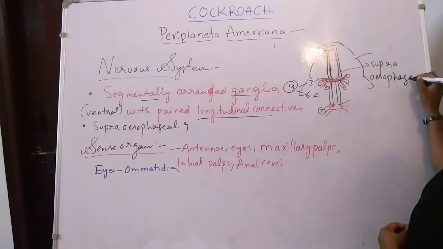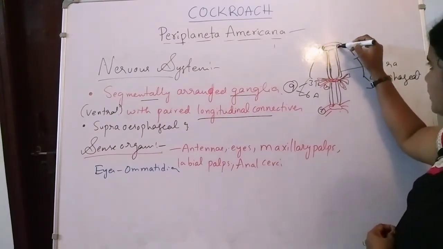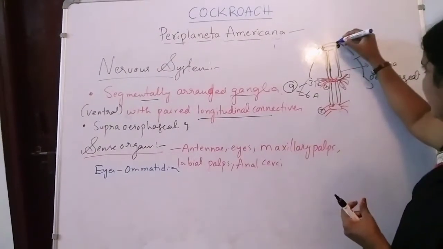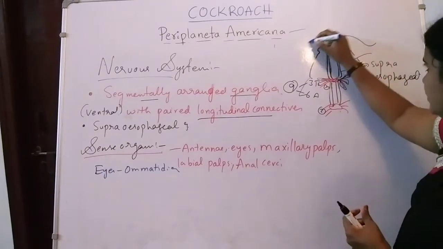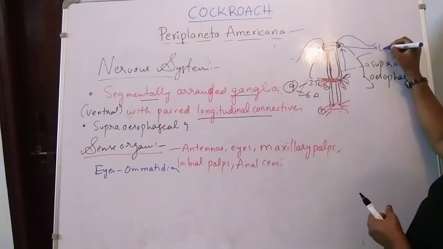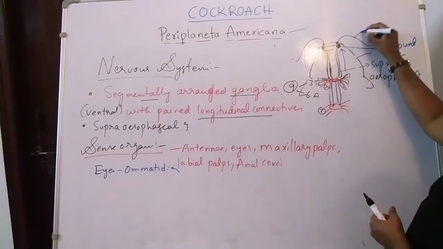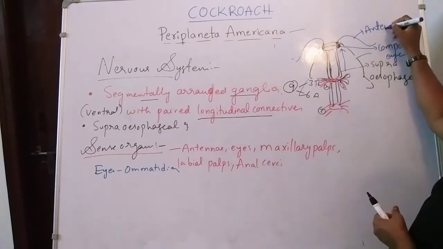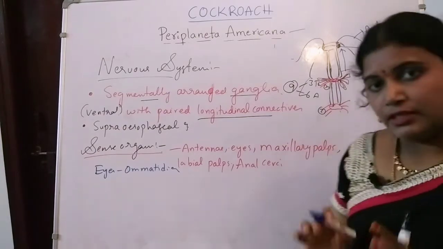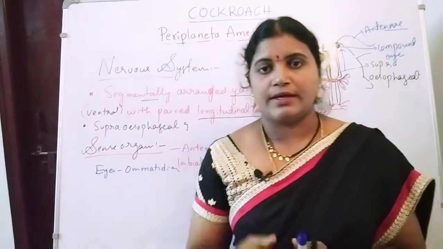This supraesophageal ganglia is connected with the compound eyes, and also with the antennae. So the supraesophageal ganglia is connected with the head, compound eyes, and also the antenna portion.